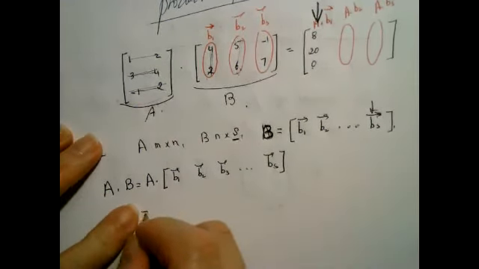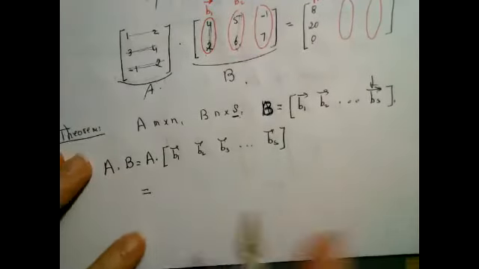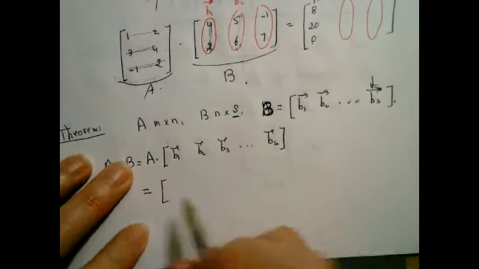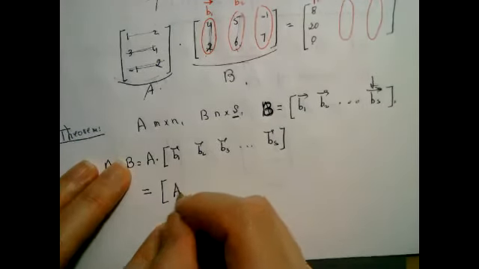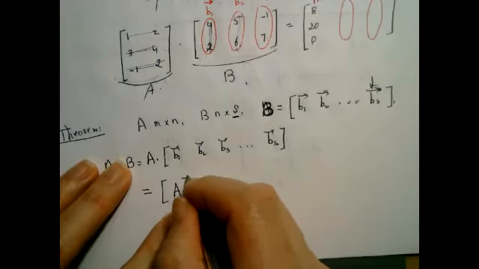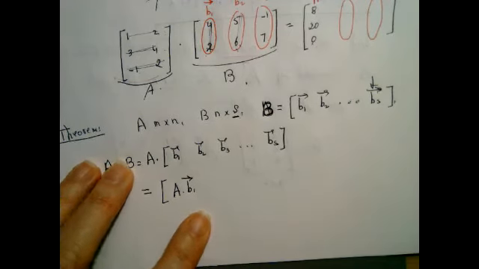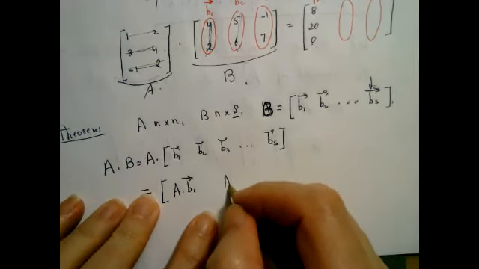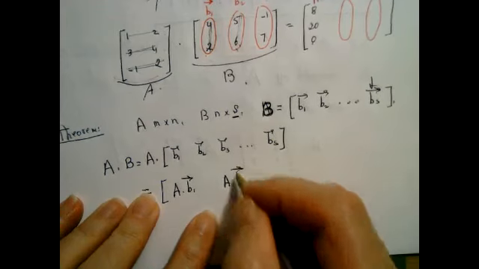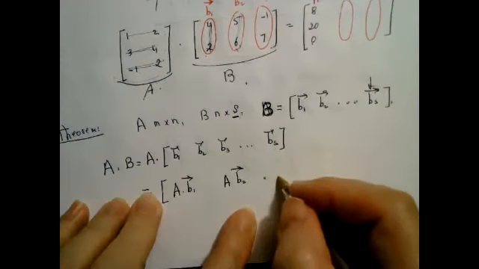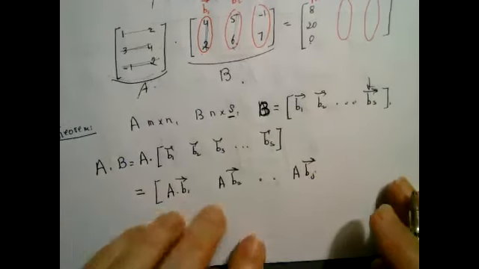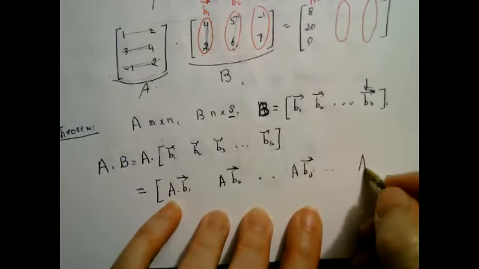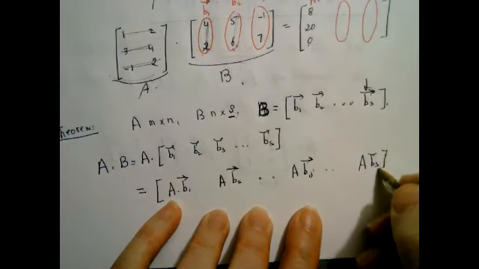This is equal to, and this tells me that we can almost distribute the A with respect to the column vectors. It means this is going to give me A B1, that's the first column of the product, A B2, the second column of the product, and so on. So A Bj gives me the jth column of the product, and so on and so forth till the last one.